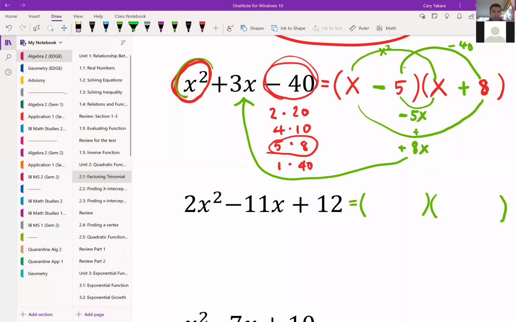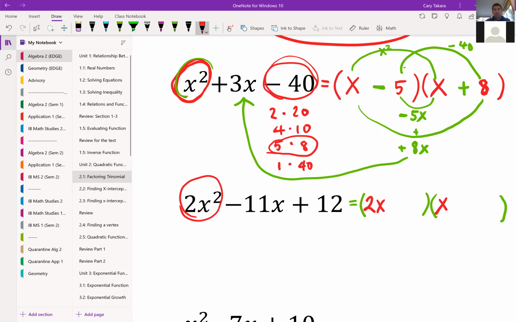All right, the first step. The first step is to take a look at the first term, 2x squared. How do you get 2x squared? Isn't it 2x times x? Isn't that the only way of getting 2x squared?